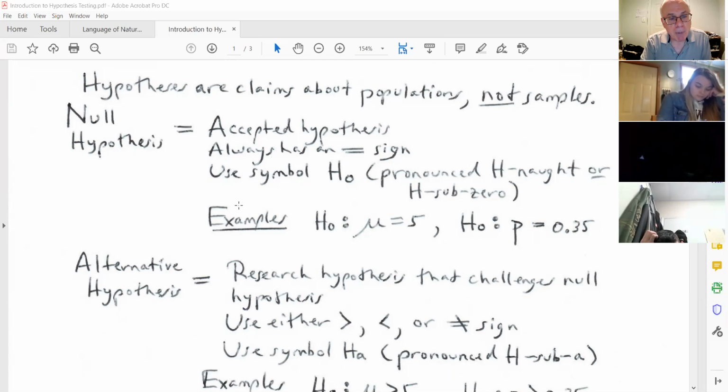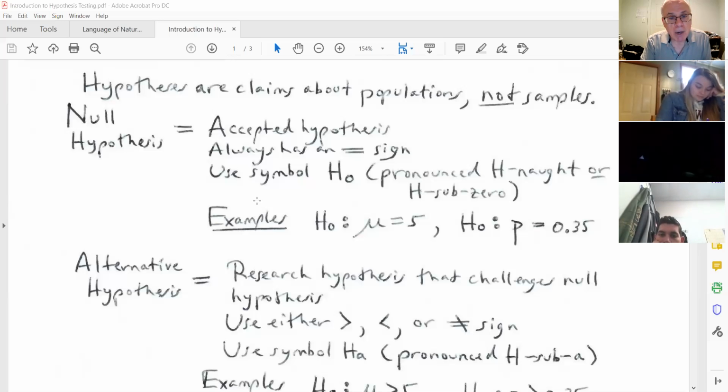And then the alternative hypothesis is going to be the alternative, and it will have either a greater than symbol, which means it's bigger than the null hypothesis, a less than symbol, which means it's less than the null hypothesis, or a not equal to symbol, which means it would be greater or less than the null hypothesis.